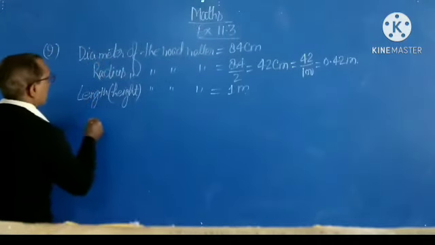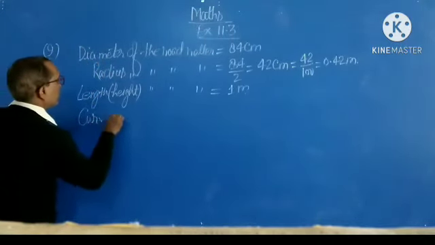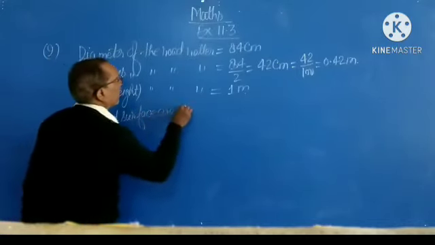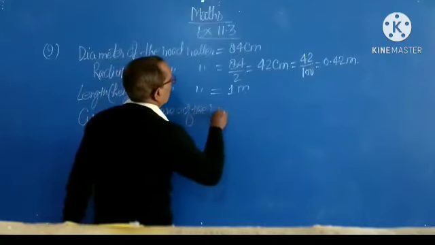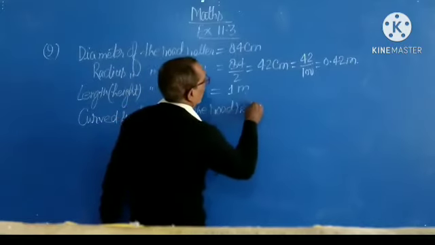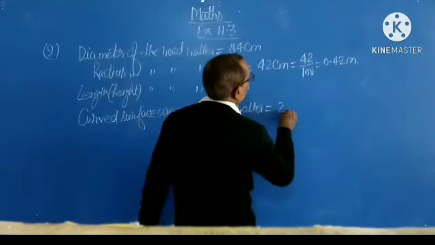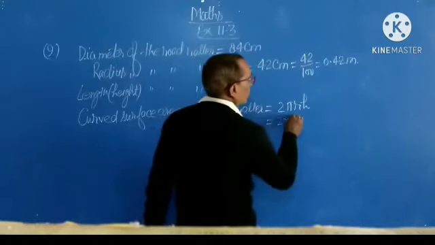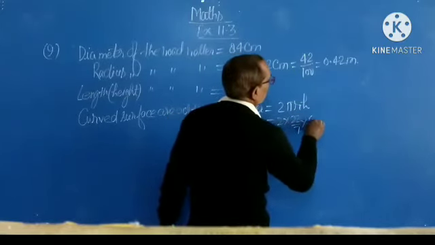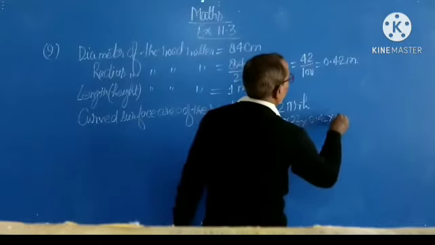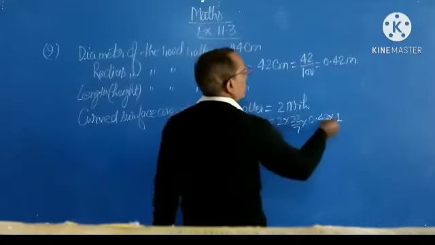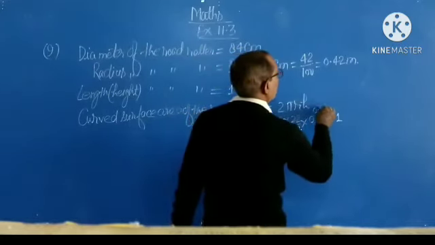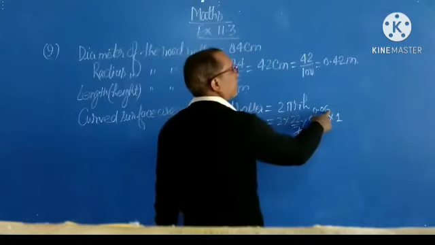Then you find out curved surface area of the road roller is equal to 2 pi rh, means 2 into 22 by 7 into 0.42 into 1. 42 is cancelled by 7, you get 0.06. 7 sixes are 42.